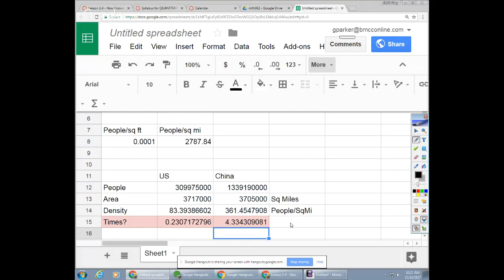People divided by area for each one, people divided by area. So just take the number of people in China, 1 billion, 300 million, divide by the 3 million square miles, and put commas in here.